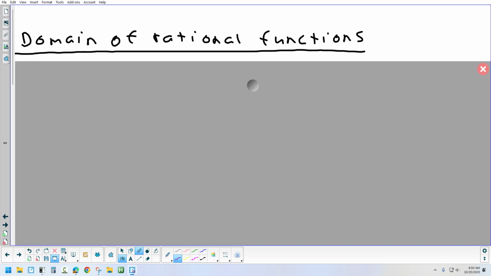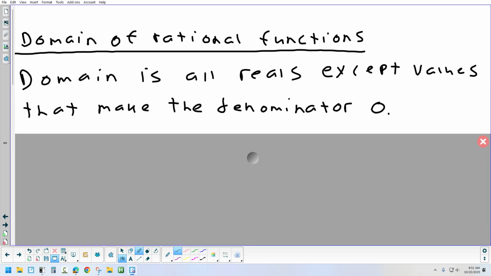All right, so how do we find the domain of rational functions? What did we say earlier that you're not allowed to put in the bottom of a fraction? Yeah, 0. So the domain is any value that you can plug in as long as that does not make the denominator 0.